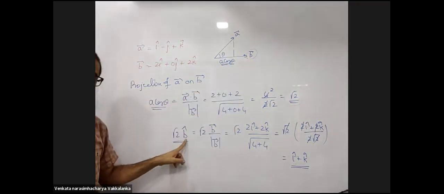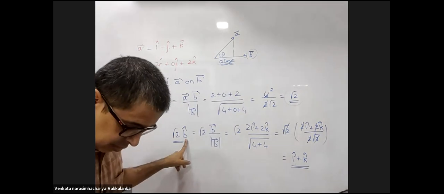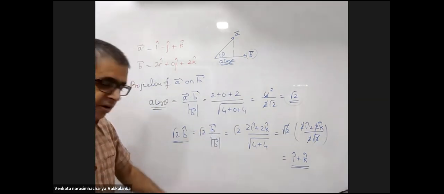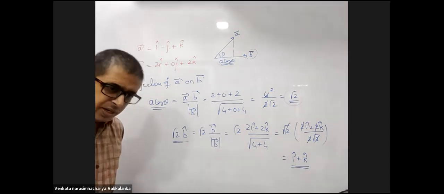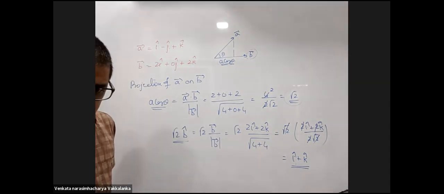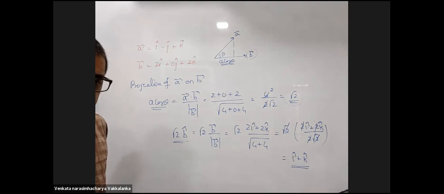And you know how to find out B cap, right? Yes, sir. Vector B divided by its magnitude. Any unit vector, how will you find out? Vector divided by its magnitude.